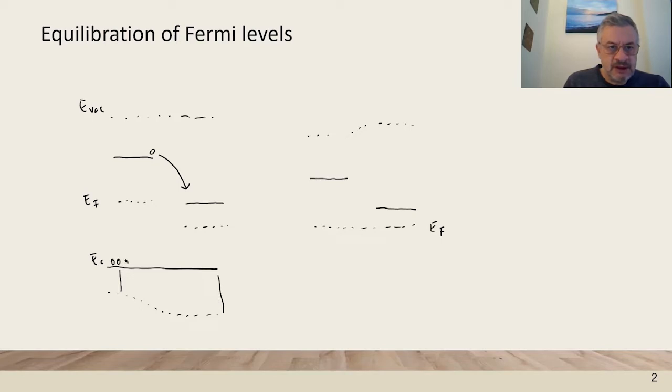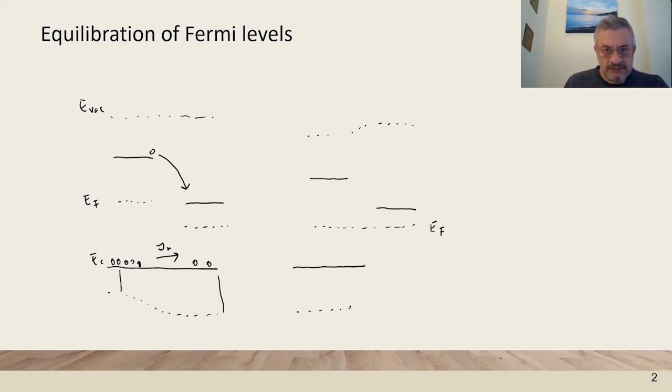So here there will be a lot of electrons, and here there are less electrons because the Fermi level is deeper, so that then a diffusion force is induced and there will be a flow of electrons, electrons flowing from the high concentration to the low concentration, and this is indicated by the gradient of the Fermi level.